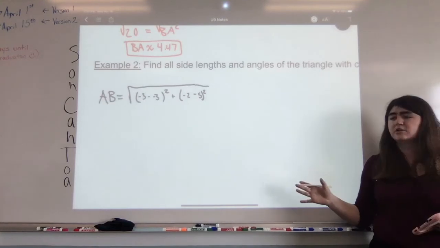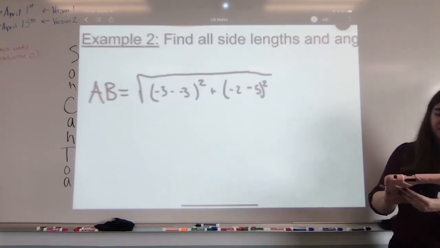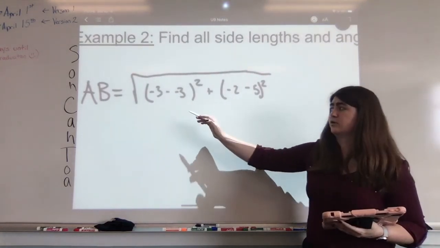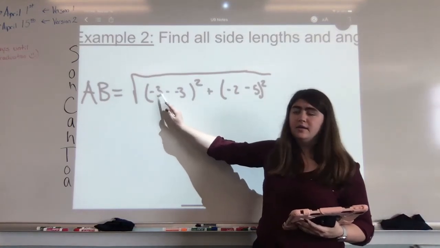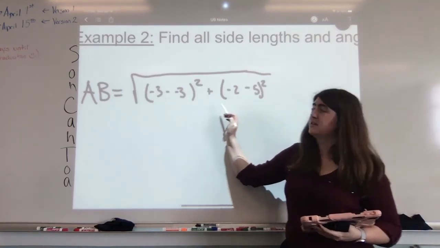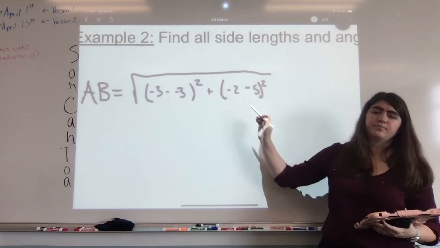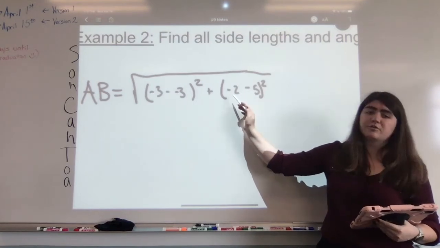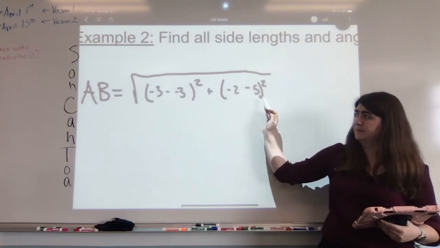That's all under that radical symbol. And this needs to go in the same order. So if this is from point A and this is from point B, then the second set here also has to be A and B.